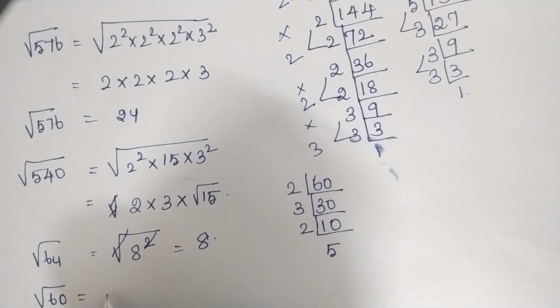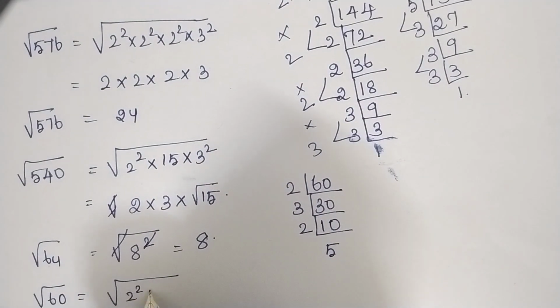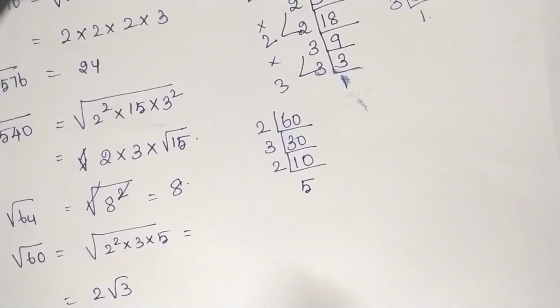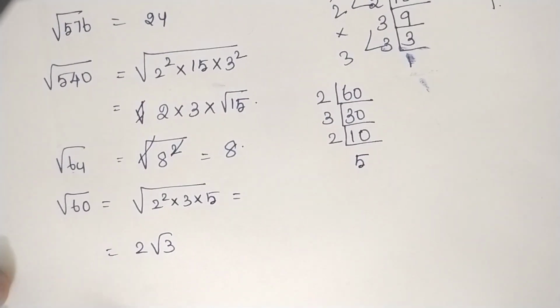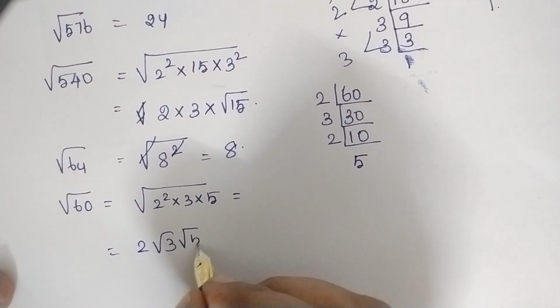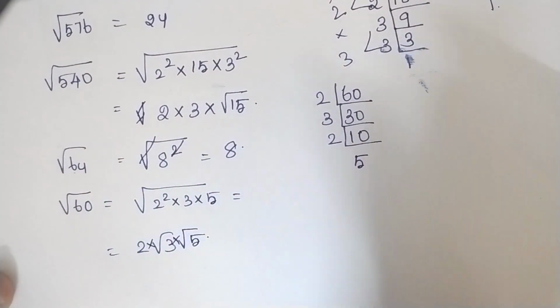So now which is equal to the root of 2 square into 3 into 5, which is equal to 2 root 3 root 5. All in multiplication.